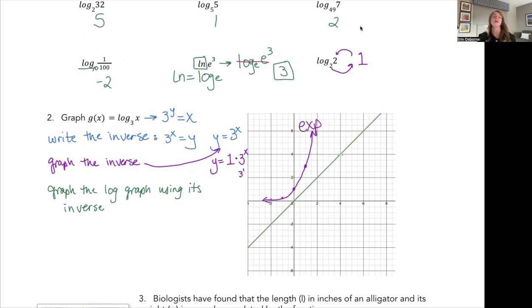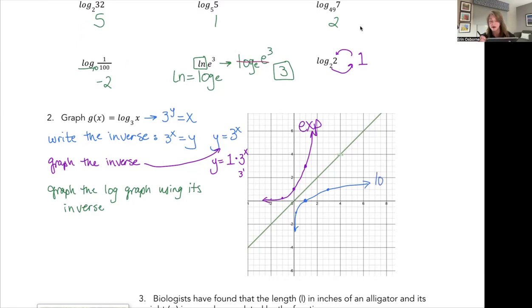We still don't have the ultimate goal, which is the log graph, but now just flip-flop any of those x, y ordered pairs. So we need 1, 0. And then when we go right 3, we need to go up 1. When we go right 1/3, we need to go down 1, and then make your nice smooth curve in both directions, and don't cross that y-axis.